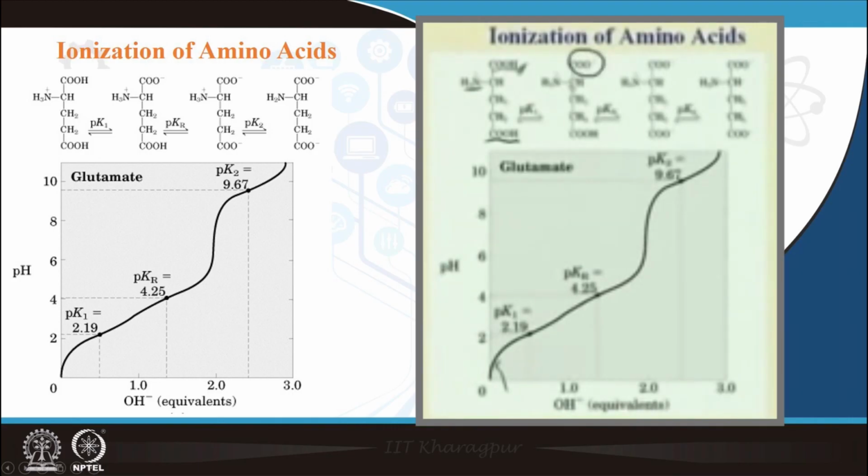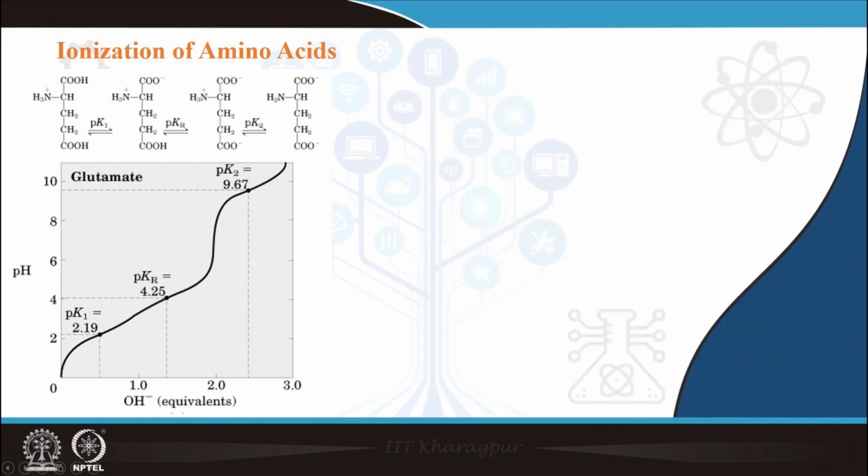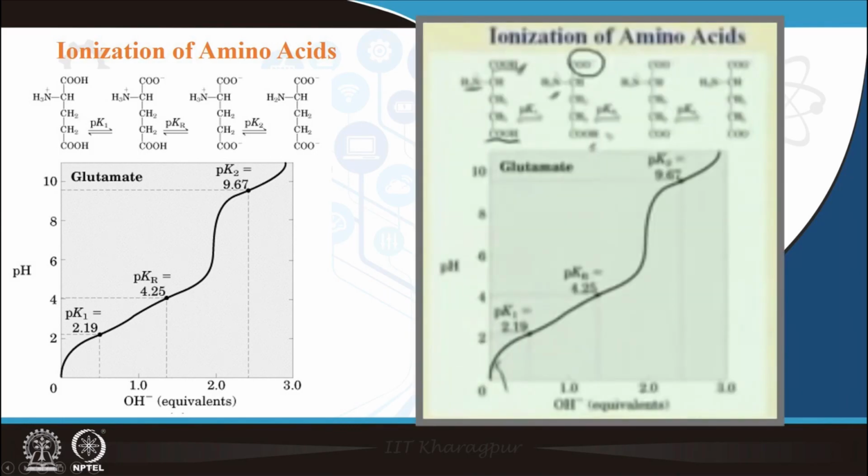It is this. This is still protonated. This is still protonated. Fine? Now I am continuing with the titration. I still have how many more protons that I could lose? Two. One belonging to the COOH of the side chain and one the NH3 plus proton, right?